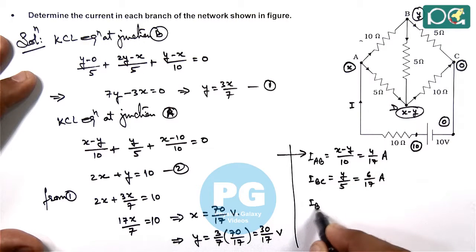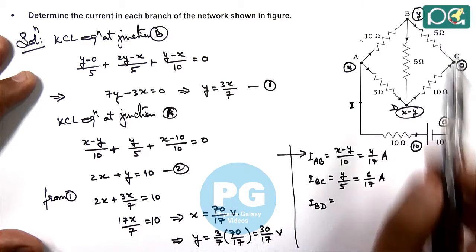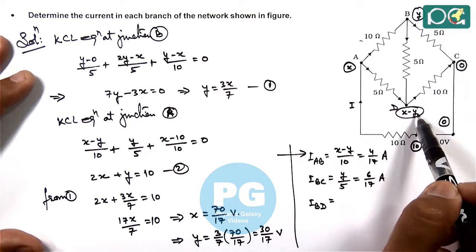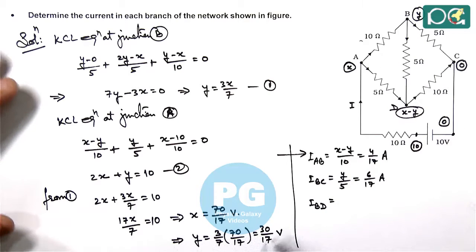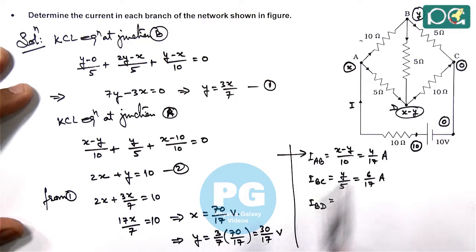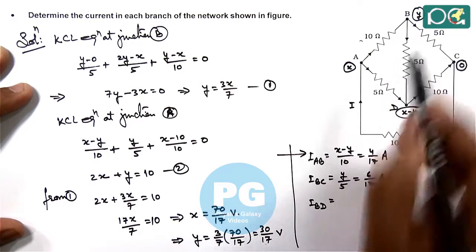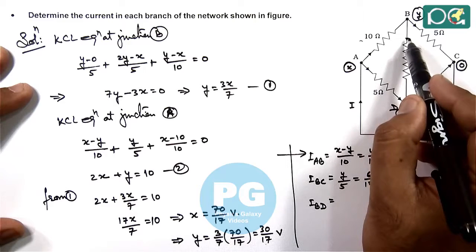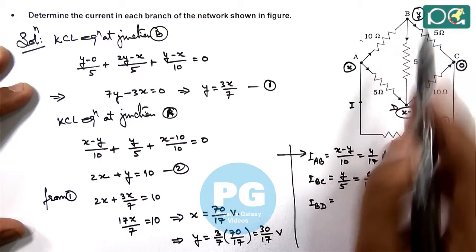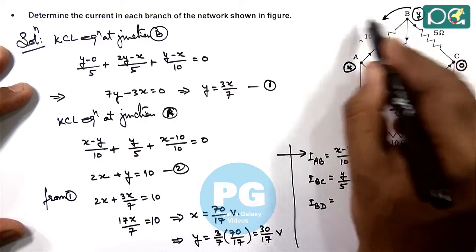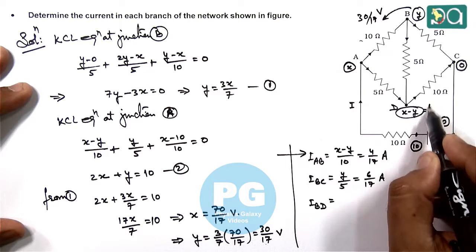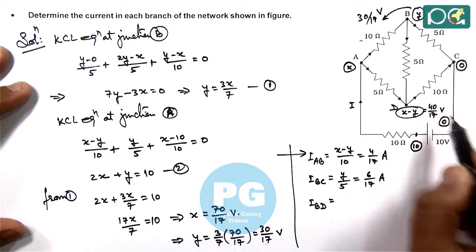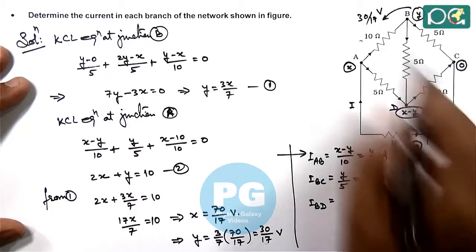If we calculate the current in branch BD, it is given as y minus (x minus y). Here y is 30 by 17 and x minus y is 40 by 17. That means the current will actually be flowing in the upward direction. So the arrow drawn over here is wrong, because y is 30 by 17 volt and x minus y is 40 by 17 volt, and current always flows from high potential to low potential.